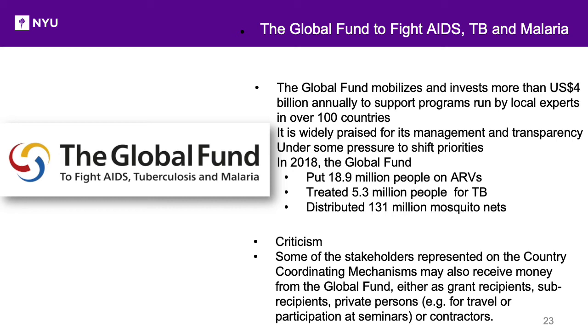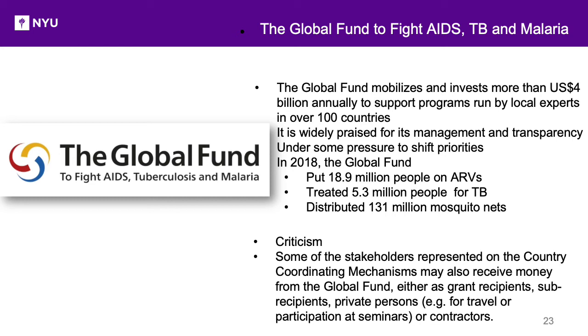Now, it has put more than 18.9 million people on antiretroviral therapy. It has treated more than 5.3 million people for tuberculosis, and it has distributed more than 130 million mosquito nets to protect people from malaria.